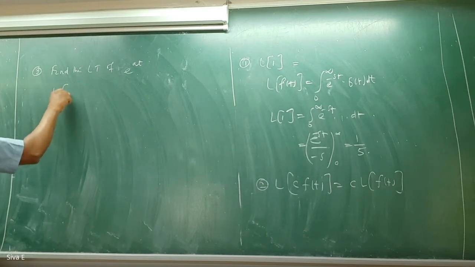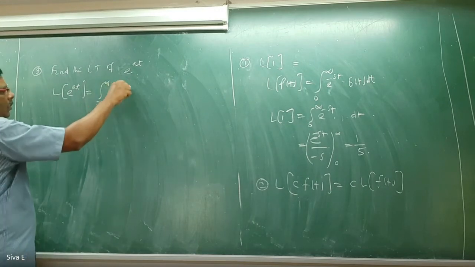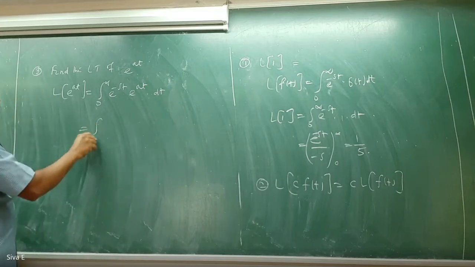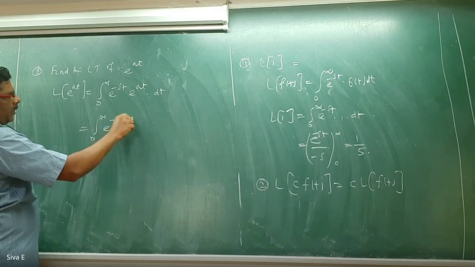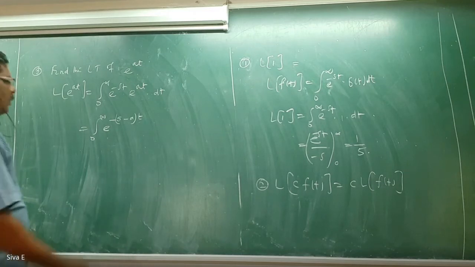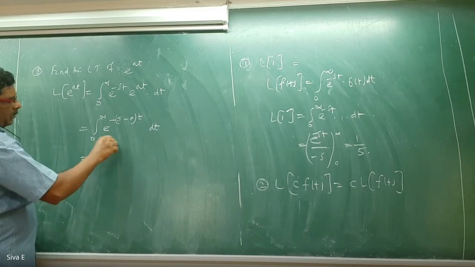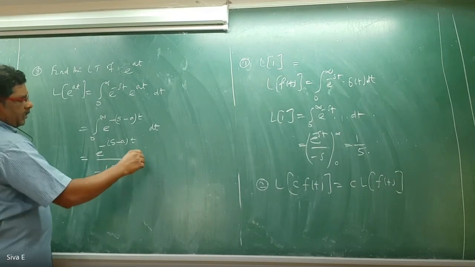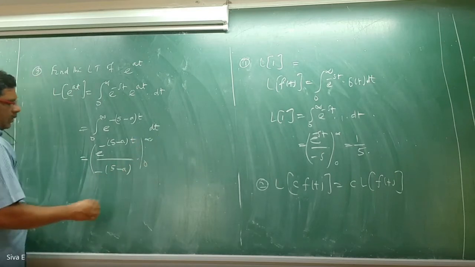So e power minus (s minus a)t by minus (s minus a) from 0 to infinity.